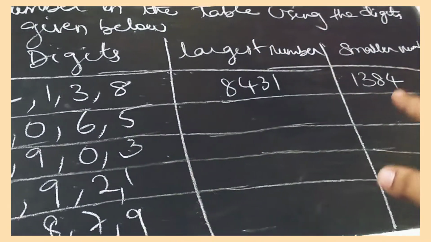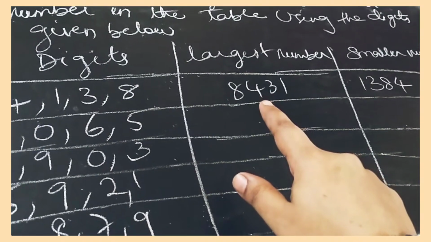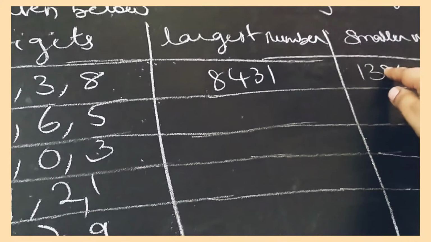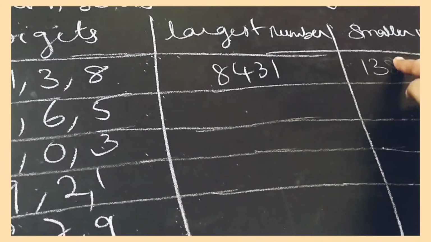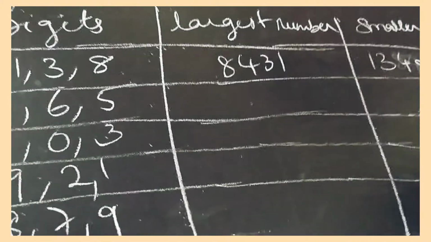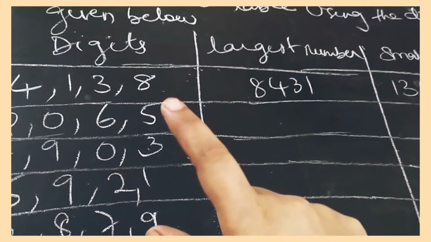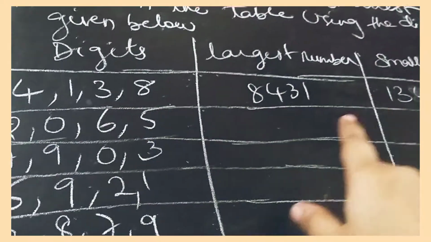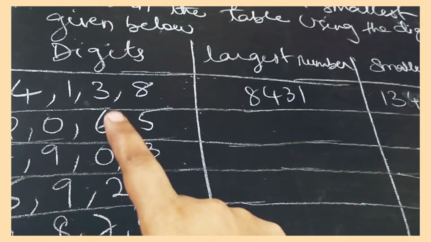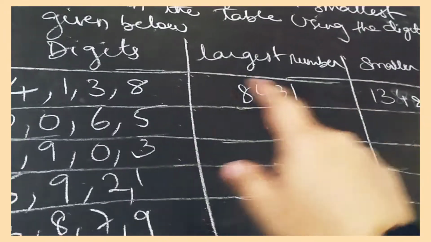Then for the smaller number, first you take the smallest, it is 1. Then among these three, which is the smallest? 3. Among these two, 4. Then 8. Okay, like this.